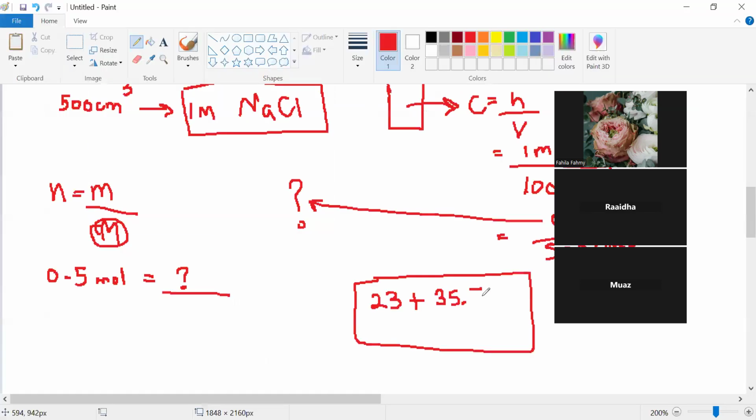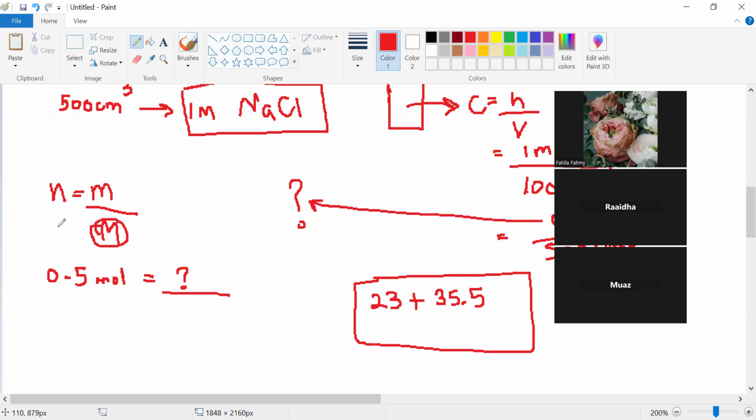So I have to find the molar mass of sodium chloride in order to find the mass of 0.5 moles. Does that make sense?